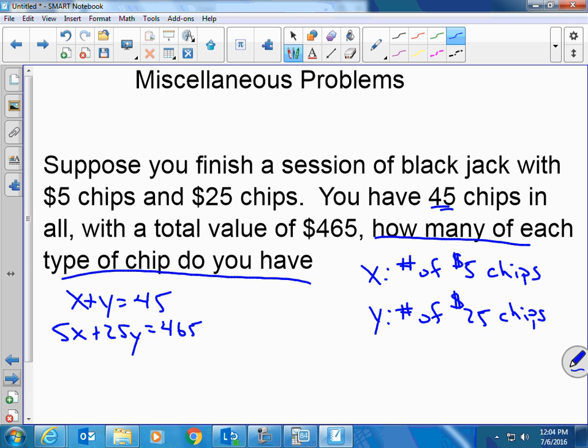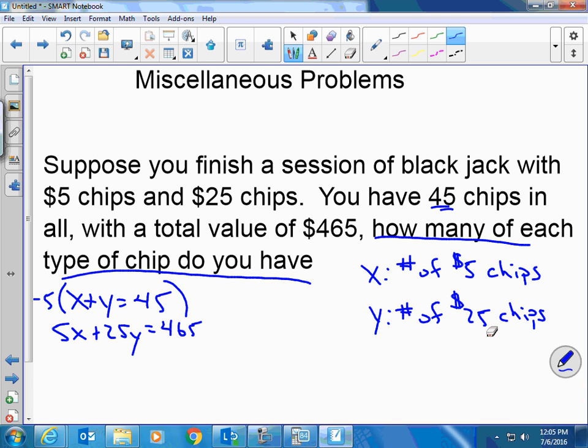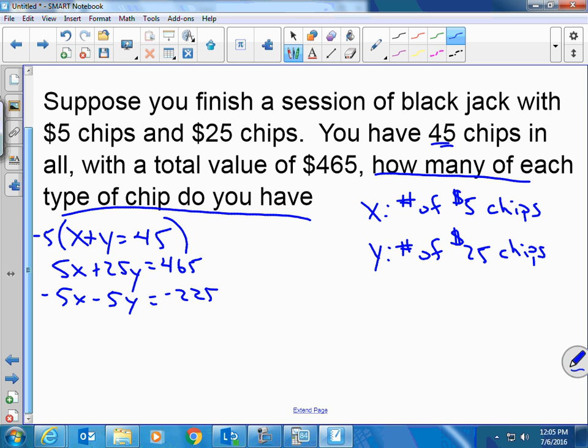Pick a technique. I'll use elimination. Multiply this by -5. Gives me a -5x minus 5y. What is that? -225. 5x, -5x go away. 25 minus 5 is 20.